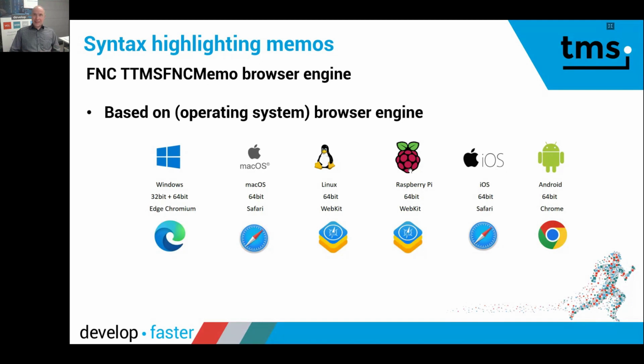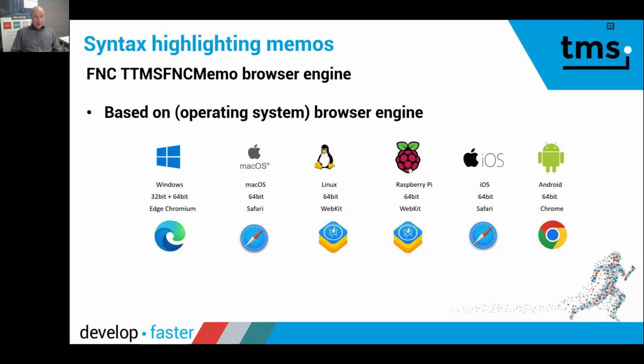On Windows, we use the Edge Chromium engine, which is since quite some time now the default browser in the Windows environment. For Mac, it has been always the Safari browser engine. For Linux, it's the WebKit engine.